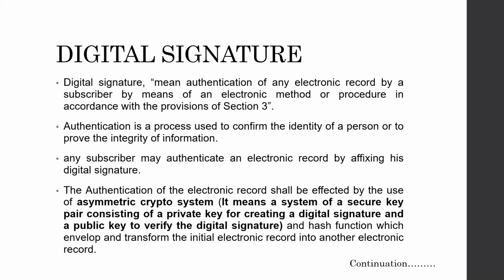Whenever you are going to affix your signature, your system will always ask you to give the private key. At that time you have to give the private key, and it needs to be matched with the public key. The public key is only to verify or authenticate your signature, and it is going to validate the form or the documents where you are affixing your signature.